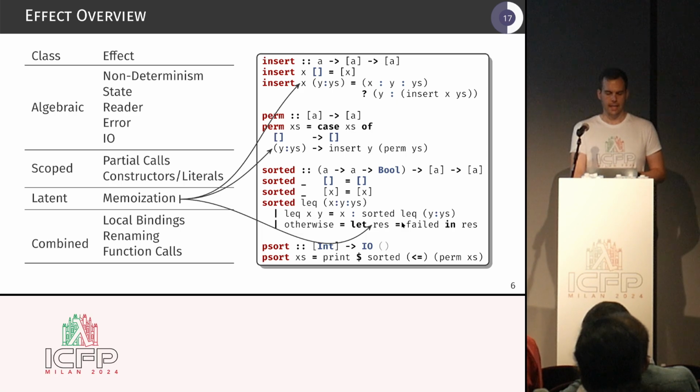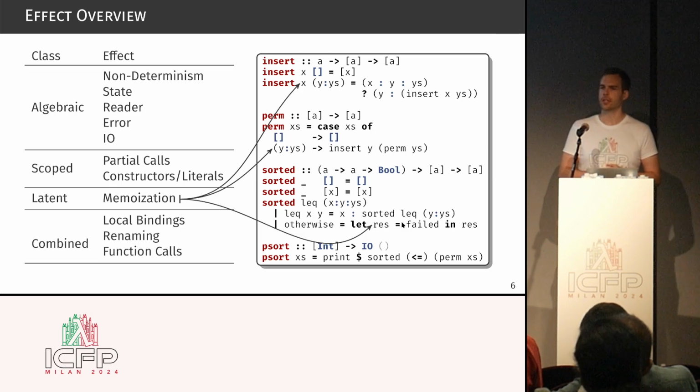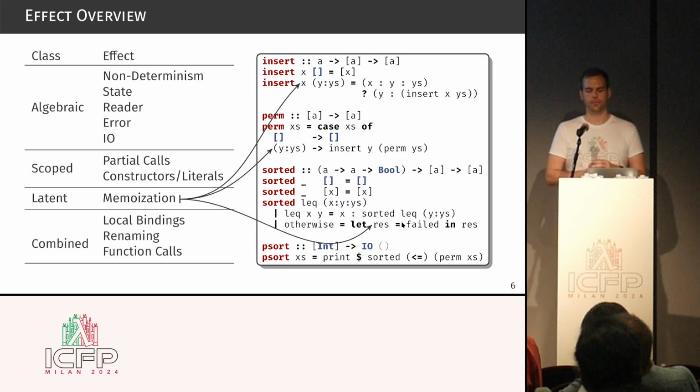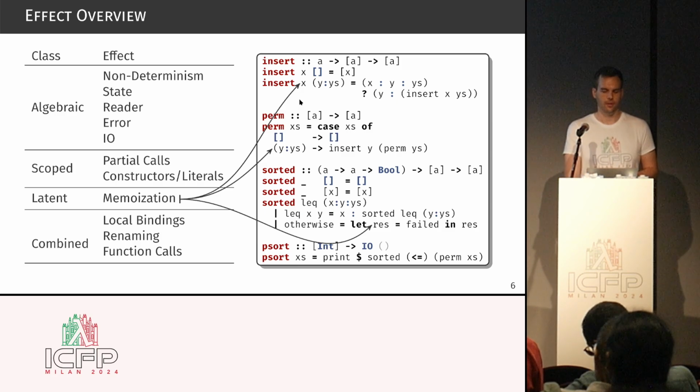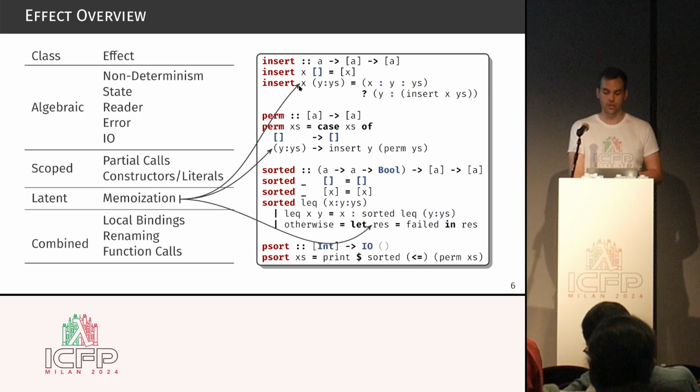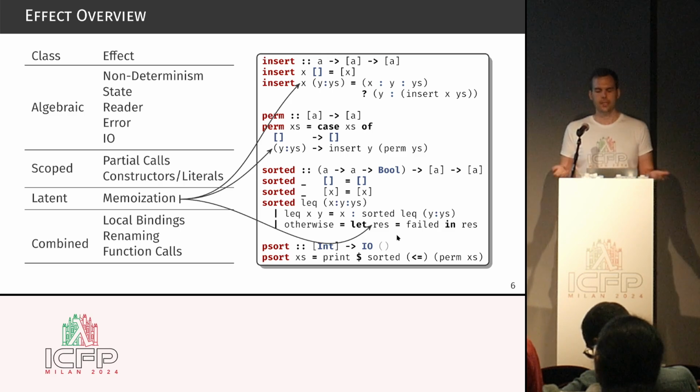And then we have memoization. So memoization in a lazy language like Curry or Haskell, for that matter, plays a big part, and almost every part of the language uses that to some extent. So whenever we introduce a variable, for example, in a function, in a pattern, or in a let, it's going to use memoization. And then I also have those combined effects.